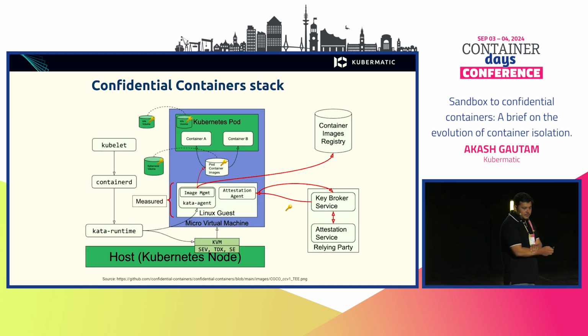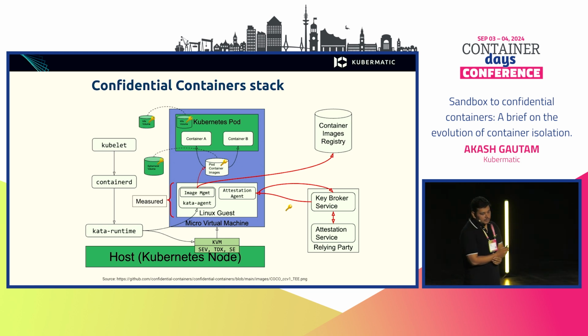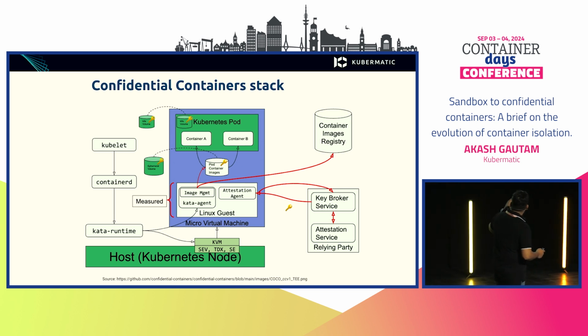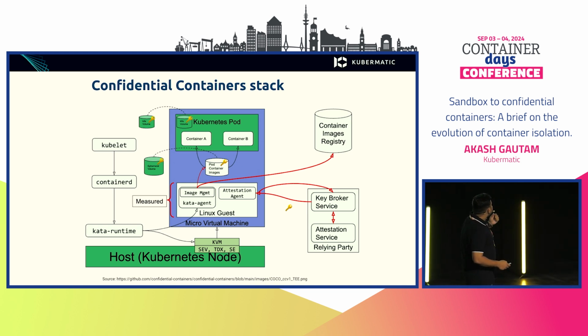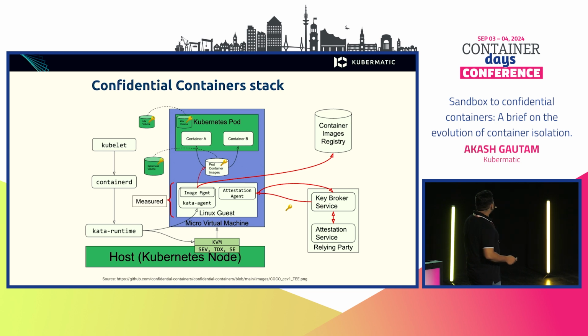This is a rough diagram of how confidential containers will look in action. So we have a node here that has support for confidential computing. And similar to Kata containers, confidential containers also put each pod in a virtual machine, but this virtual machine is virtualized out of hardware that has support for confidential computing.